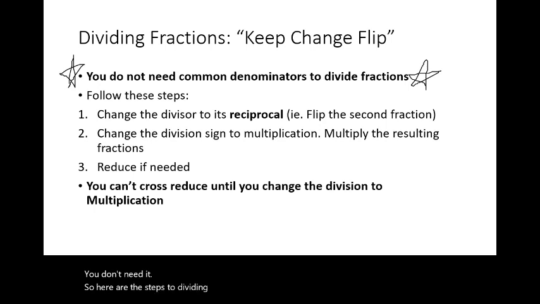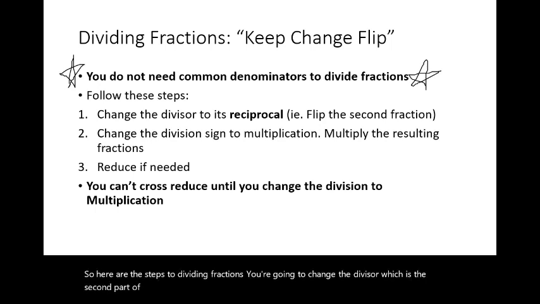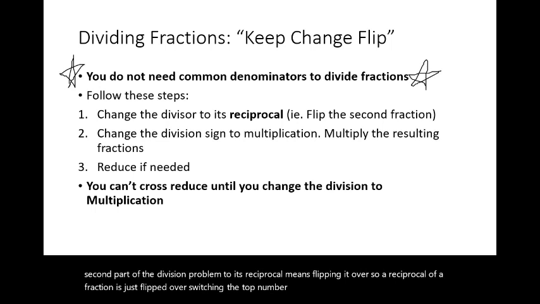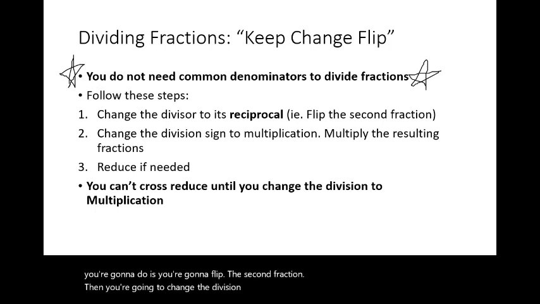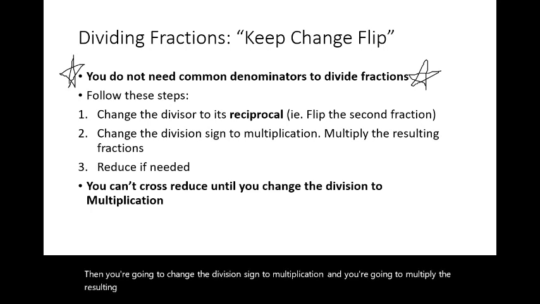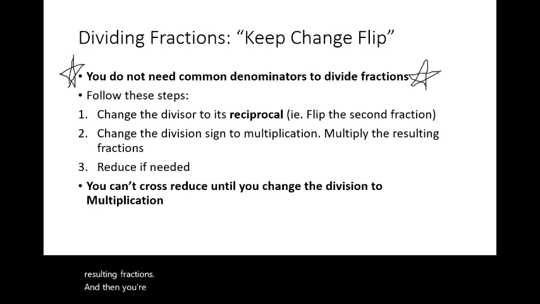You're going to change the divisor, which is the second part of the division problem, to its reciprocal. Reciprocal means flipping it over. So a reciprocal of a fraction is just flipped over, switching the top number and the bottom number. So basically what you're going to do is you're going to flip the second fraction. Then you're going to change the division sign to multiplication, and you're going to multiply the resulting fractions. And then you're going to reduce if needed.